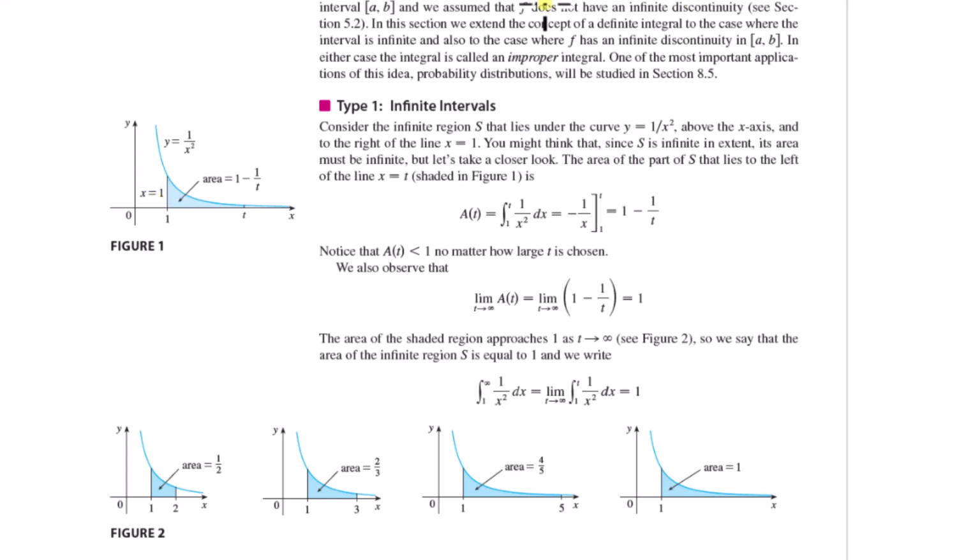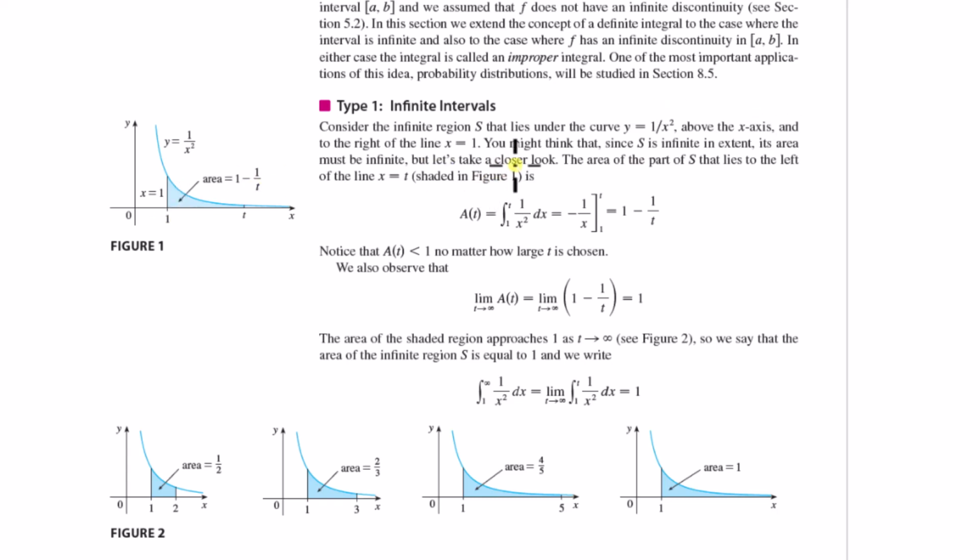It says consider the infinite region S that lies under the curve y is equal to 1 over x squared, above the x-axis and to the right of the line x is equal to 1. So this is the curve 1 over x squared. It's always positive as x goes to infinity. And if we're thinking about this region, this area going from x is equal to 1 all the way to infinity, is that something we can integrate?